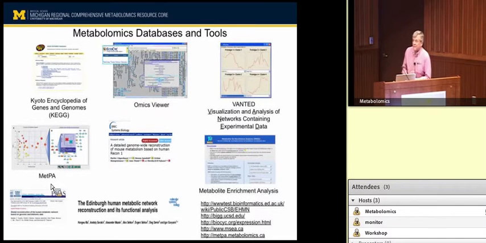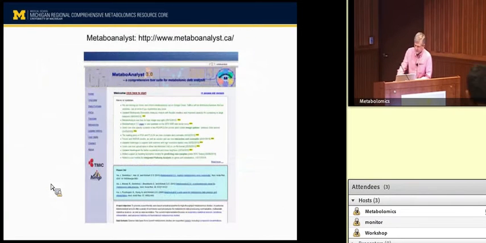Now, there's a lot of ways to look at data online. I don't know if Al is going to talk a lot about this, but there's a bunch of different programs out there, and some are pretty good, some are not that good, some are more useful than others. MetaboAnalyst is actually one of the better ones.